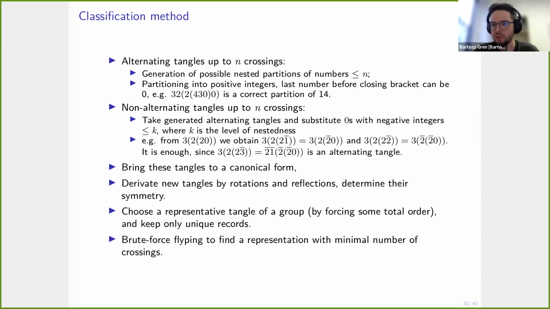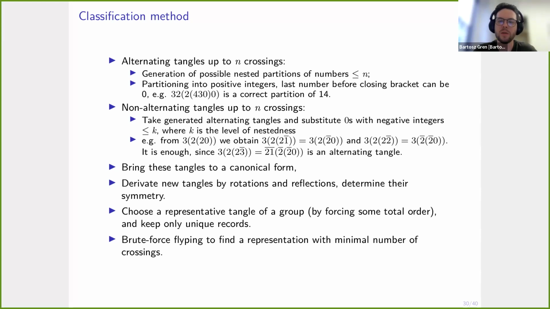But it's of course not enough to classify tangles, because we need some input to our algorithm. So we start from generation of alternating tangles up to n crossings just by partitioning an integer.